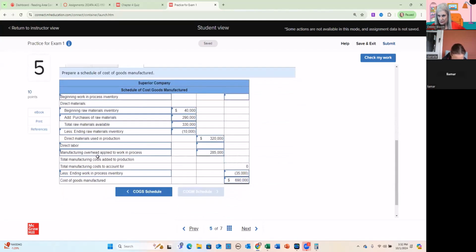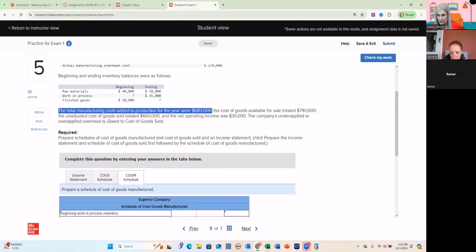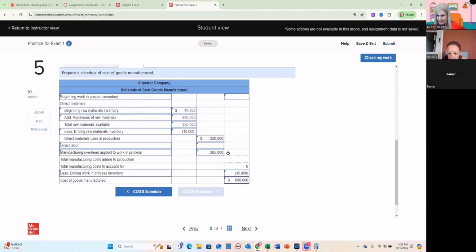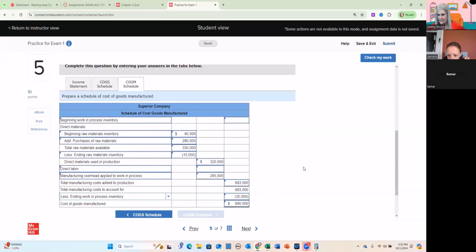So notice total manufacturing costs added to production, $683,000. Now I think I have everything I need, because the only things I'm missing are direct labor and the beginning work in process inventory.